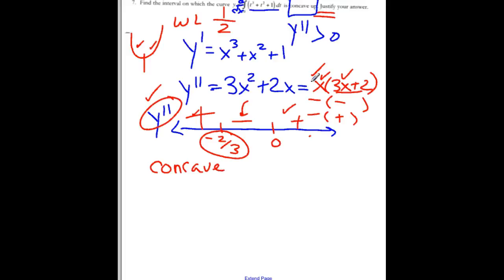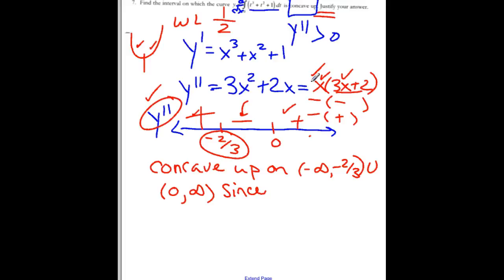If you want to have proper grammar, you would say y is concave up, but you don't even need to have complete sentences. You just need sentences. Concave up on negative infinity to negative 2/3, a union with 0 to infinity, not because I'm going to point at my sign line or circle my sign line, but with words, because there's sense, how do I complete this so I get full credit?